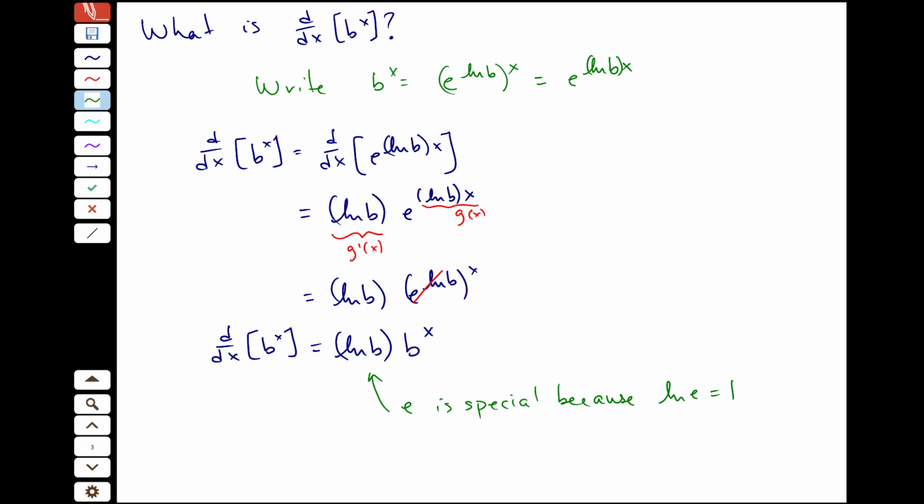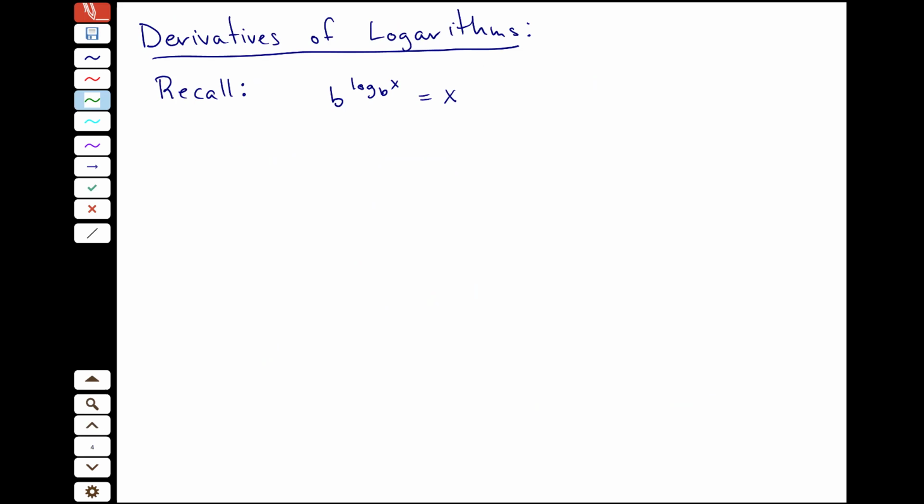Okay, let's look at some more derivatives. We've defined derivatives of exponential functions for whatever base we want. Now let's look at derivatives of logarithms. And again, we have to approach this kind of sideways. So I'm going to write x as b raised to the log base b of x.